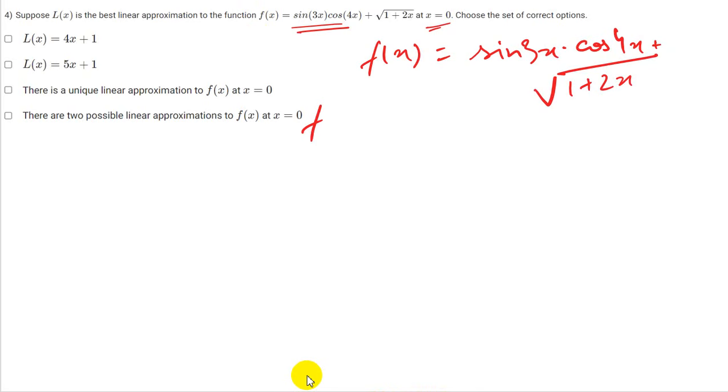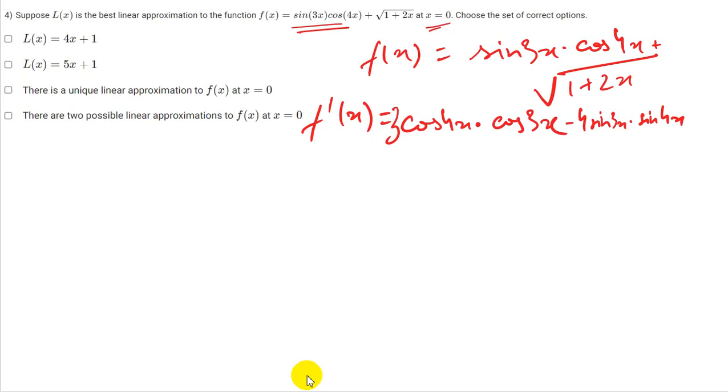So after differentiation, this function will become cos 4x into cos 3x. Here, there is a 3 also. Okay, minus 4 sin 3x into sin 4x plus 1 upon this root of (1 + 2x).